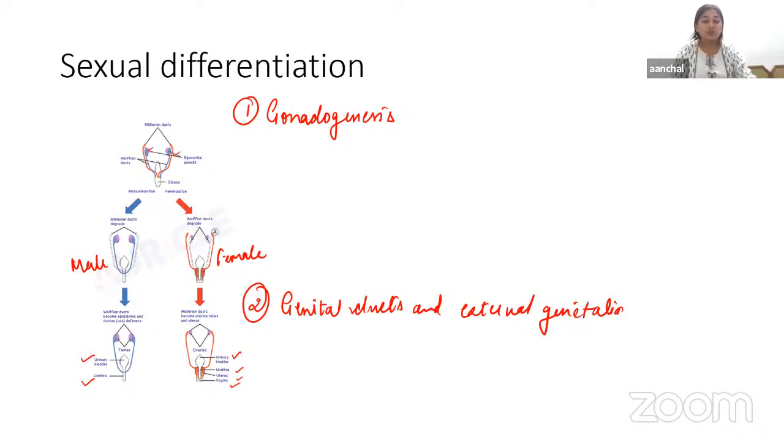So we know primordial germ cells migrate into the urogenital ridge. There is condensation of tissues near the adrenal gland, where they proliferate to form the primitive gonad. So here there will be formation of primitive gonads.